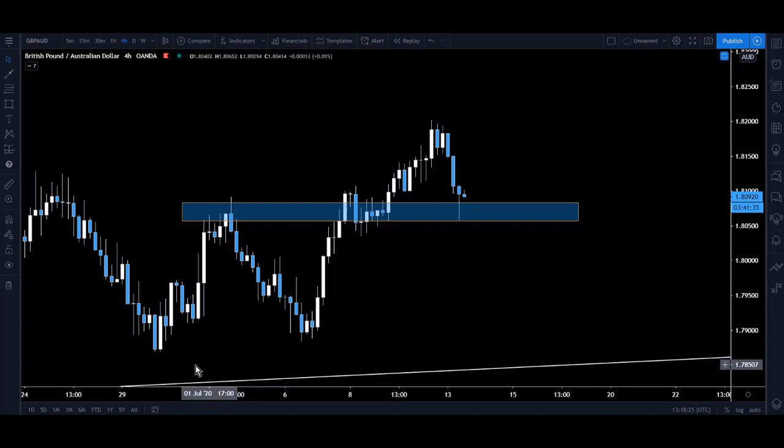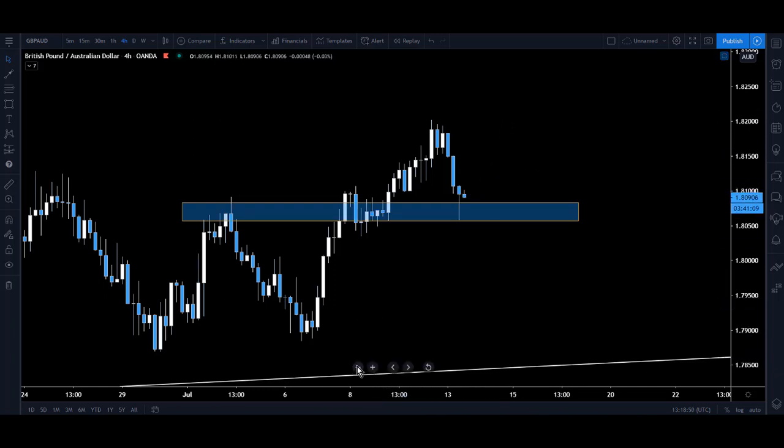We've got a low, high, higher low, higher high, looking for the next higher low, and we are testing previous resistance, so it could reject from here. If we close above this candle on the 4-hour time frame, H4, then that will be a good sign that we're going to see further upside.